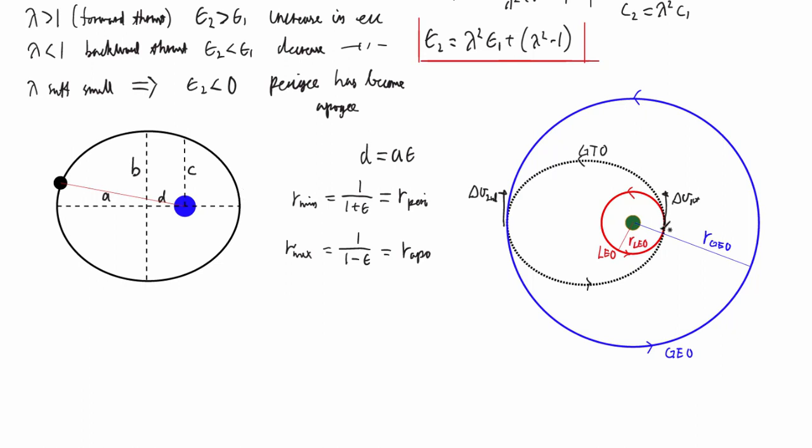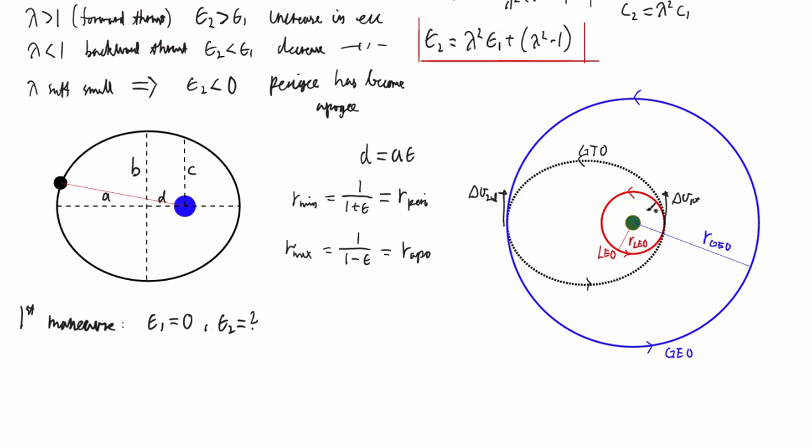So we'll look first at the first maneuver here. In this case, epsilon 1 is going to be 0, and epsilon 2 is something we don't know and we have to figure out. But although we don't know epsilon 2, we do know the radii of the low Earth orbit and the geostationary transfer orbit. I'll give you the numbers in a minute. So we can use the formulas that we know, particularly this one, in order to figure out what epsilon 2 might be.